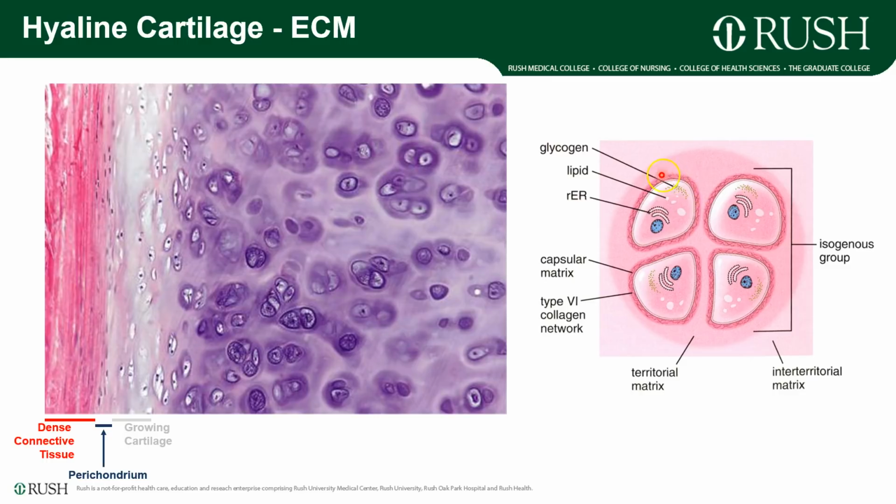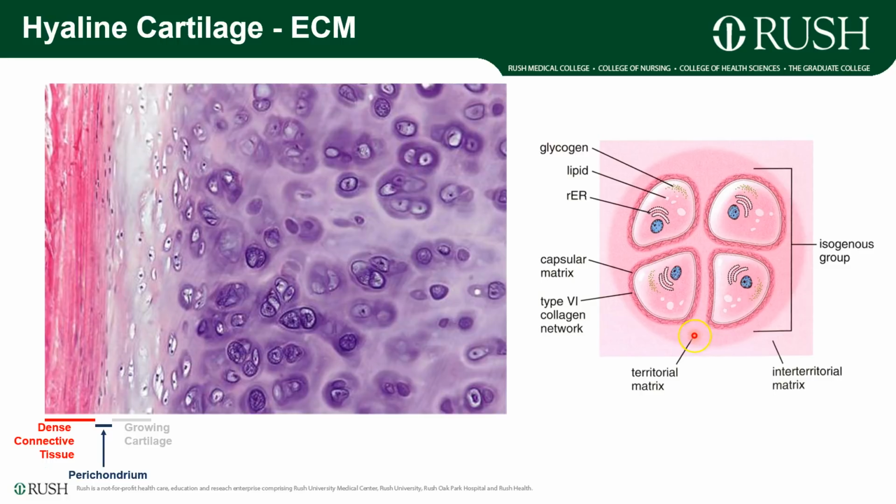The other thing that you notice is that it has these surrounding darker stains, and they are apparent here, for example, in the actual histological section, and that's referred to as the capsular matrix, and that contains the cells within its lacunae.